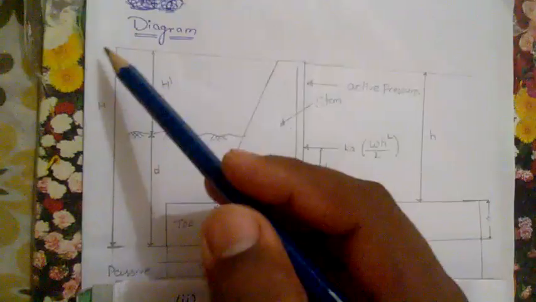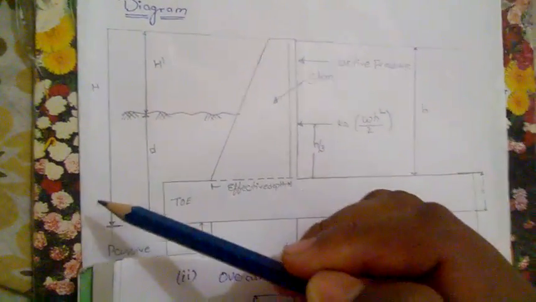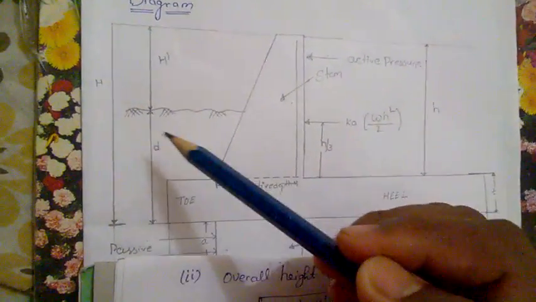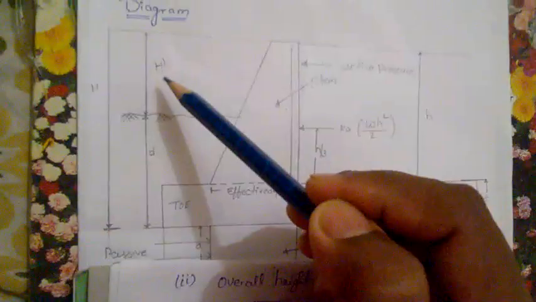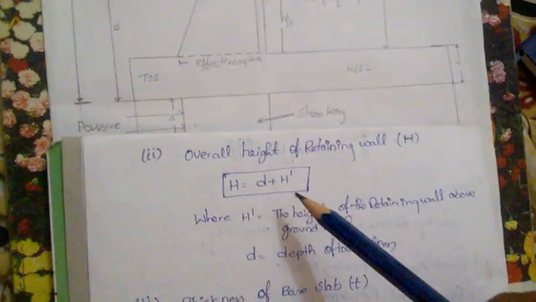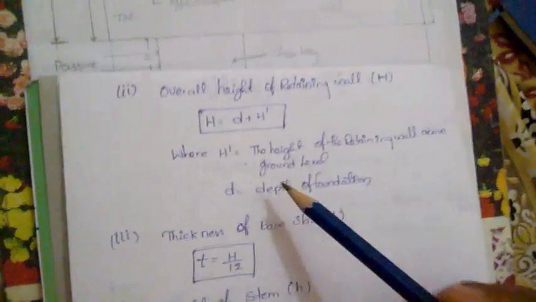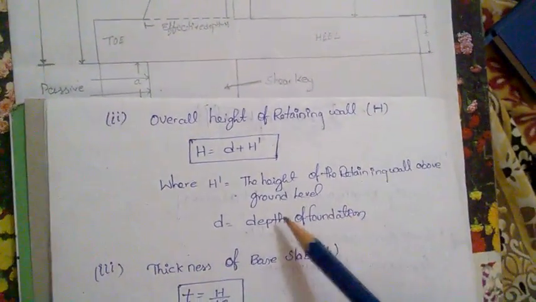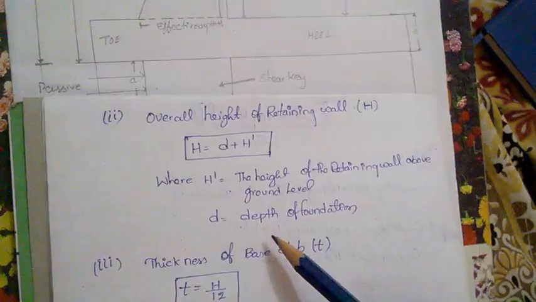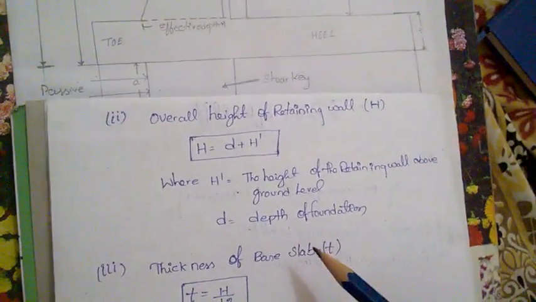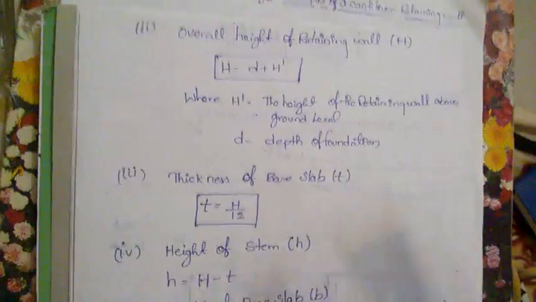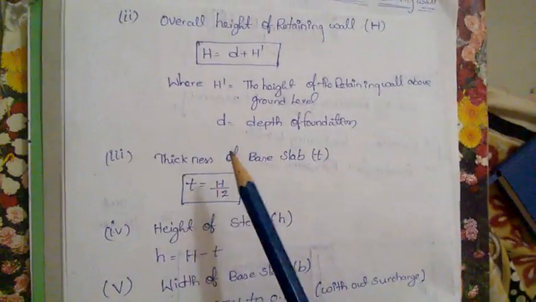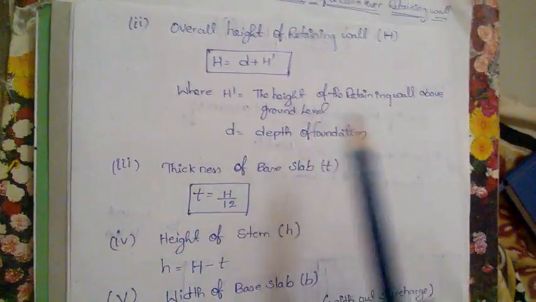Here we know what we can represent as the capital H. This is small d plus h dash, where h dash, as I told previously, is the height of the retaining wall above the ground level, and d is the depth of foundation. Okay, in step 1, the second step is completed.